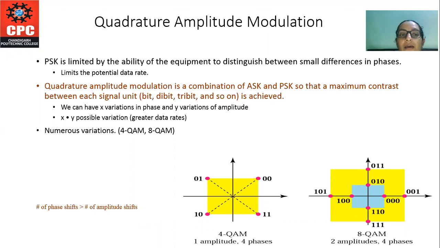We can say we have x variations in phase and y variations in amplitude. X times y is variable, and these are the possible variations of amplitude and phase, that is 4 QAM and 8 QAM. So in the case of 4 QAM, we have 0 1, 1 0, 0 0, and 1 1.